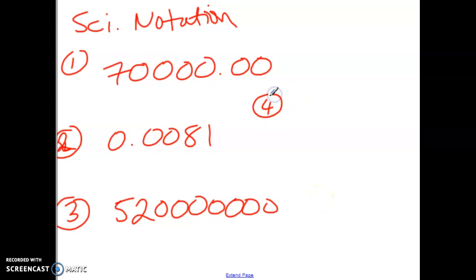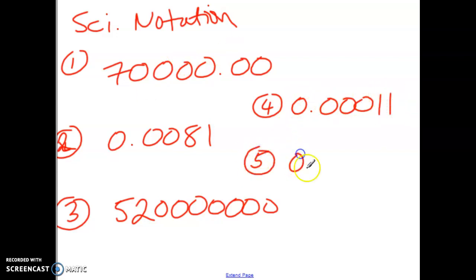Let me see if I can squeeze in maybe 5 to do. So pause the video. I want you to take each of these numbers, there are 5 examples for you to try out, and put them into scientific notation format. Remember, that's always going to be a number times 10 to some exponent. So give that a try, and we'll take these up.